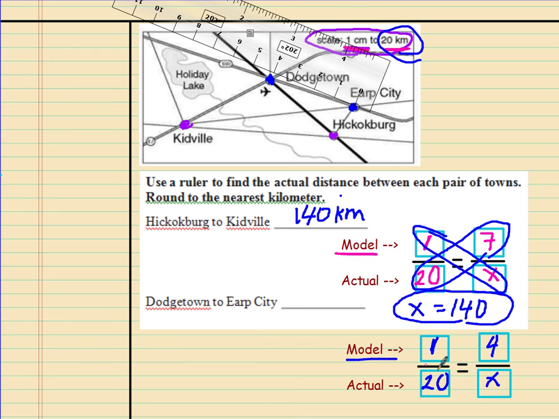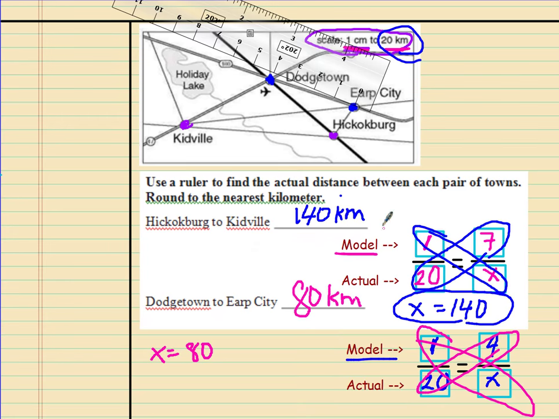This is our proportion. Cross multiply again. We have 1x, same thing as x, is equal to 4 times 20 is 80. And we put the units in, so this is 80 kilometers, and that is it. Quite simple.